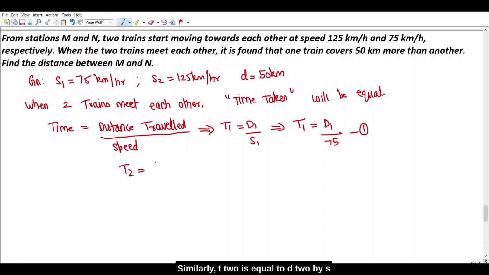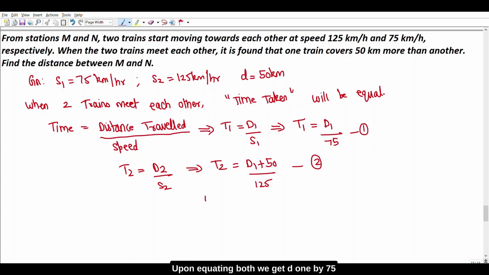Similarly, T2 is equal to D2 by S2, which implies T2 equal to D1 plus 50 by S2 will be 125 kilometers per hour. So this will be equation 2. Upon equating both, we get D1 by 75 is equal to D1 plus 50 by 125.